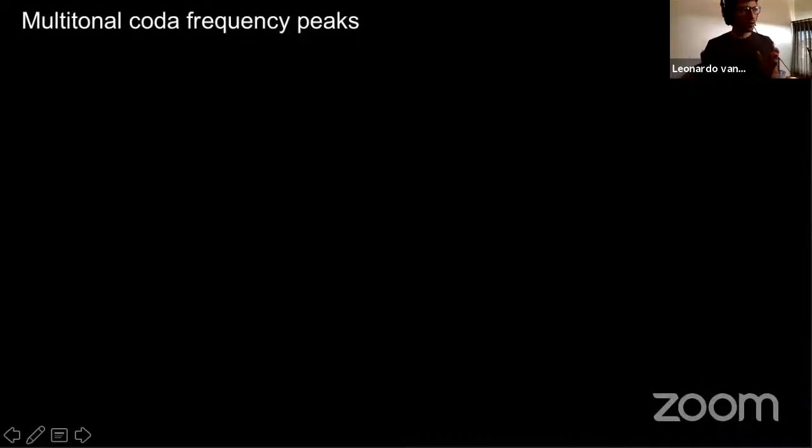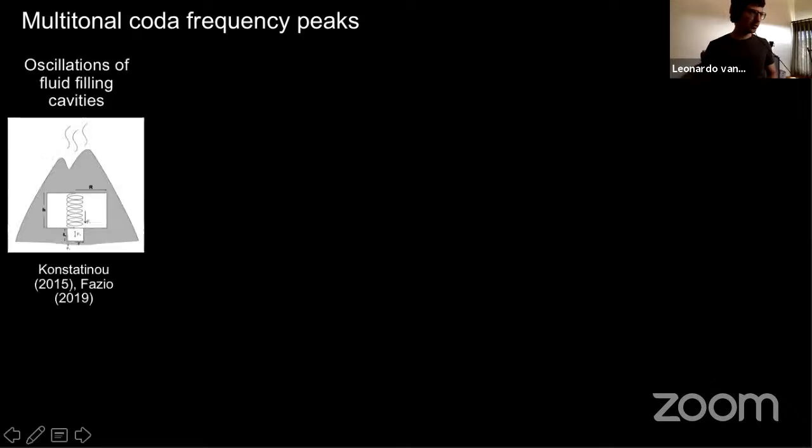So now let's talk about those frequency peaks. This is very important because the model is very general across these types of signals. In tornillo-like signals, as has been observed in some volcanoes, maybe we have this oscillation of a fluid inside a closed cavity.